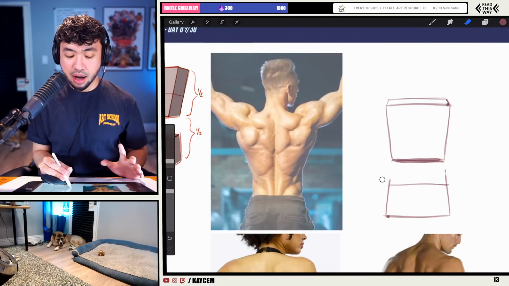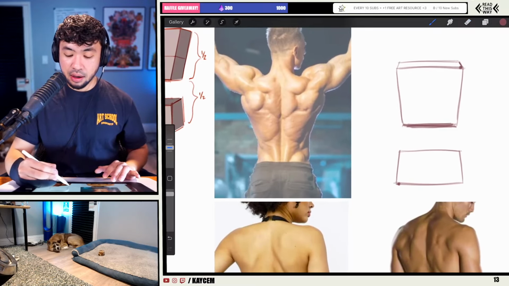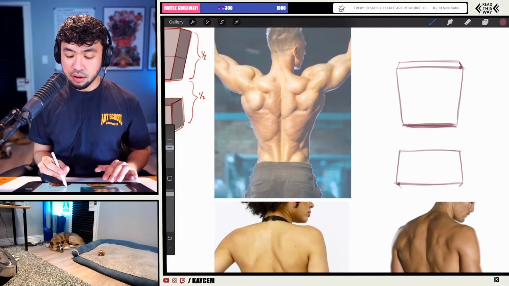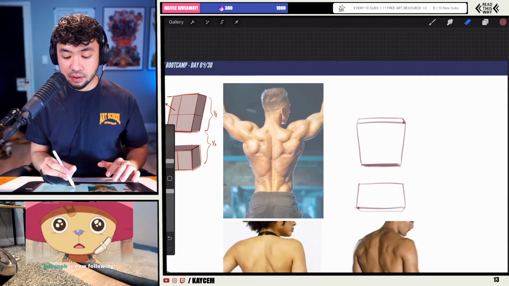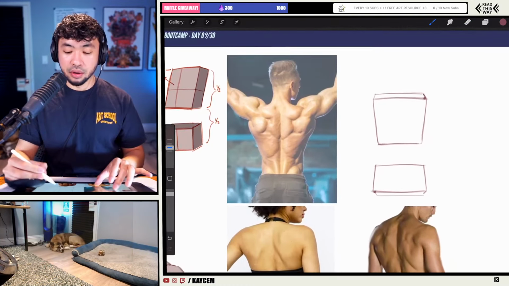Now, we don't really see the bottom portion of his pelvis today, which is completely fine. We're going to be ignoring a lot of that for today, so don't worry too much about that. But you could just imagine now we have here some volume. And the reason why I show you guys this technique is because it's an easy way to understand the proportion of the torso.